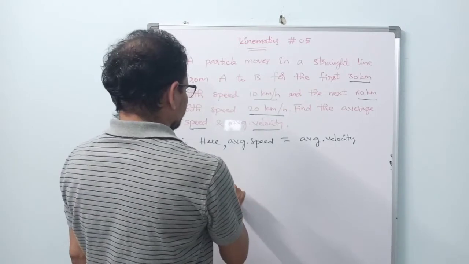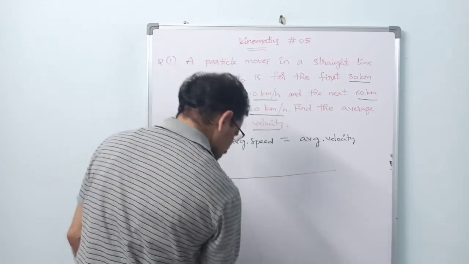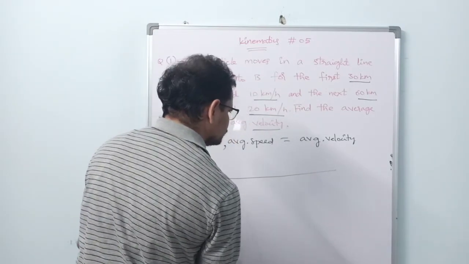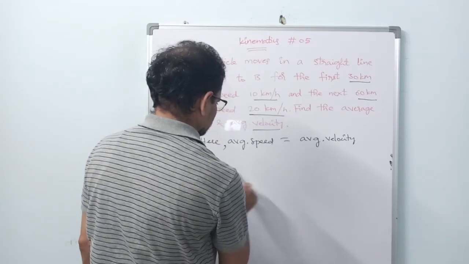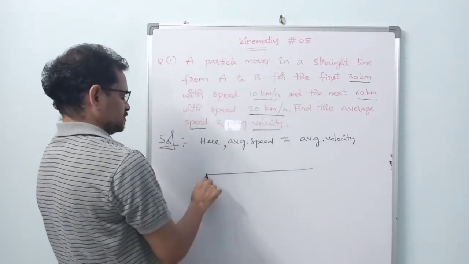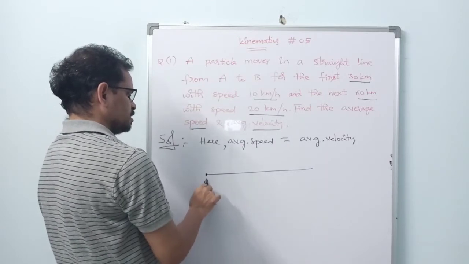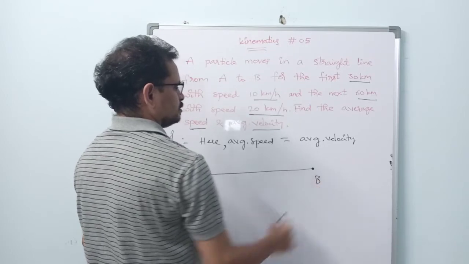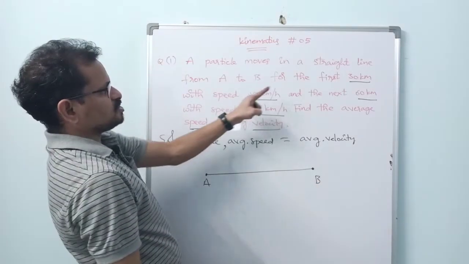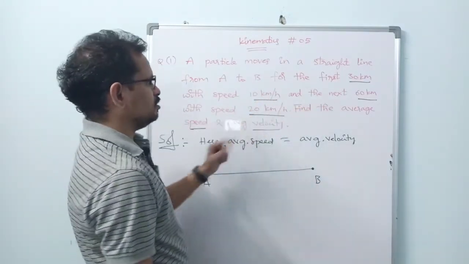Let us draw the diagram first. For such problems, always try to draw the diagram. Let us suppose this is point A, this is point B, for the first 30 kilometers and the next 60 kilometers.